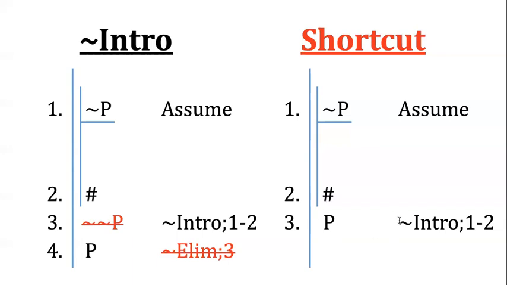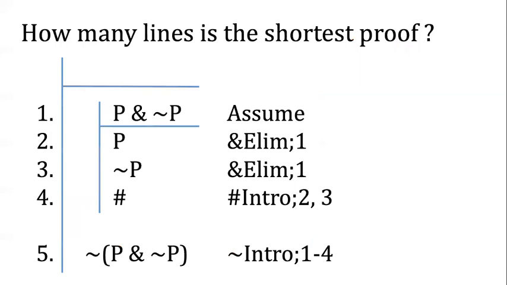And again, you cite negation intro. So this is confusing because my rule is negation intro, but there's no negation symbol here. And that's because we're suppressing the double negation and just going straight to P. So I will teach you both methods, the long way and the shortcut, because it's helpful to understand how both work.